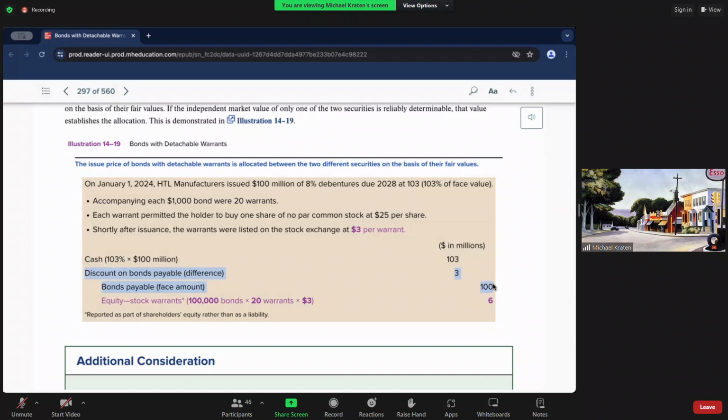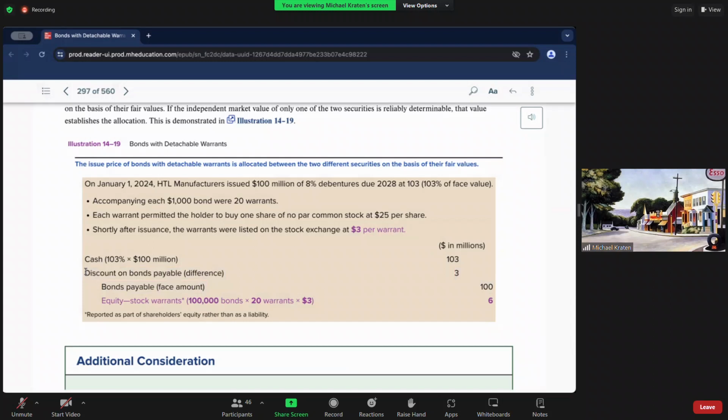Debit cash 103 is the first thing that you do. Then say, what are the warrants worth? Credit warrants, that's an equity value account, for 6. Okay, then I'm getting 103 for warrants that are worth 6, so the debt must be worth the remaining 97. Credit debt for 97.